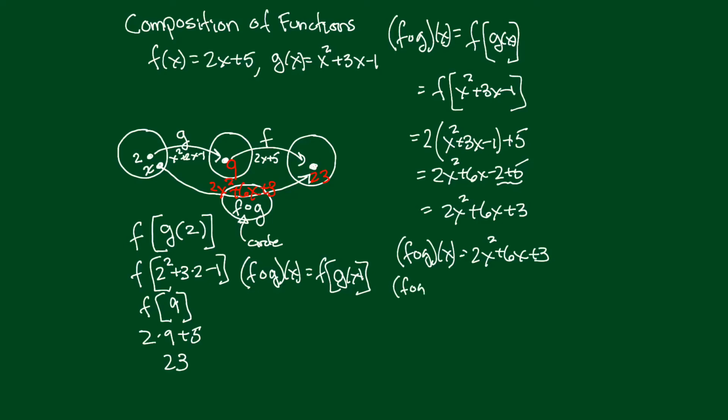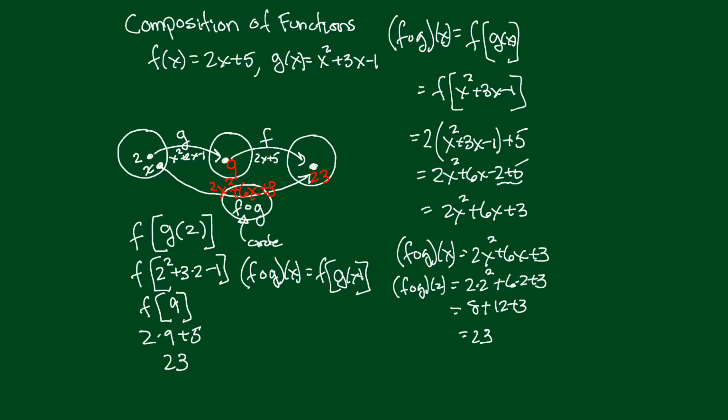F circle g of 2, which means we'll get 2 times 2 squared plus 6 times 2 plus 3, right? I'm just putting the 2 right back into my new rule. So what do we get here? 2 times 2 squared is 4 times 2 is 8, plus 12 plus 3. Sure enough, we get 23.